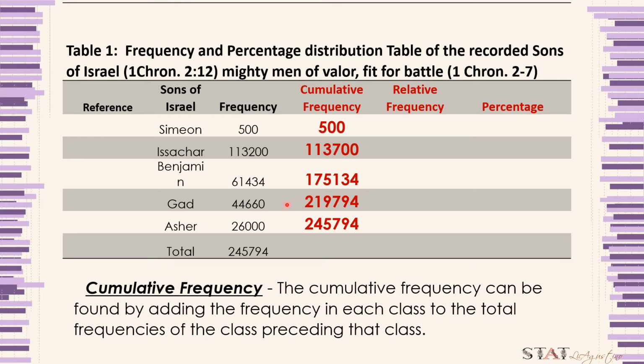Next, we have this same number added to 44,660, equal to 219,794. And then 219,794 plus 26,000 is equal to 245,794.